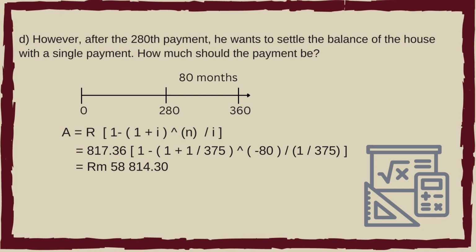So use a present value formula because we want to find the total payment in the past 360 months. Substitute all the information and the values from the previous question into this formula. Calculate, and we find the total, which is RM 58,814.30.